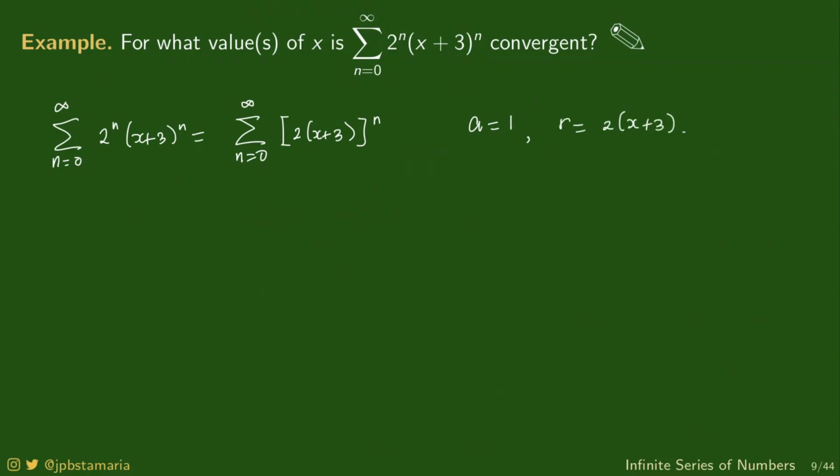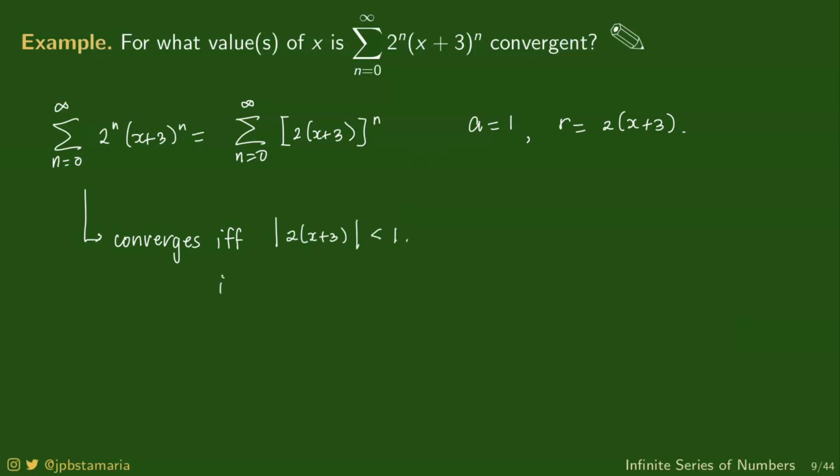So, what do we know about this geometric series? It converges if and only if the absolute value of r is less than 1. So in other words, dapat yung absolute value ng 2 times x plus 3 is less than 1.